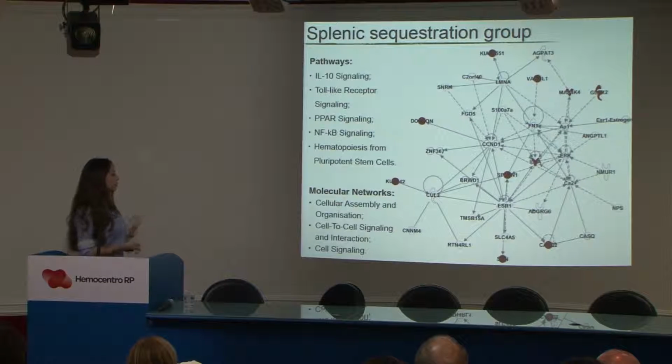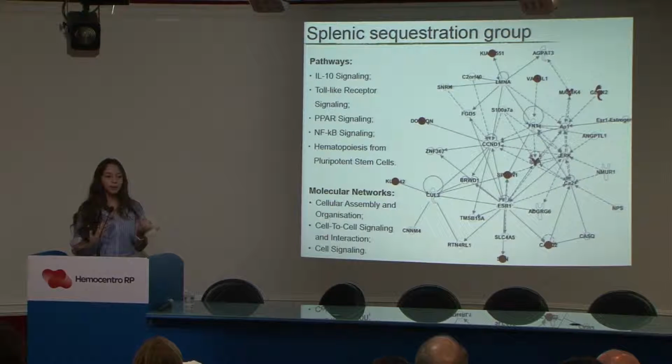The molecular networks, as we can see here, are enriched mainly in cell-to-cell signaling, and involved in adhesion and this type of environment interaction, as Ana Cristina said before.